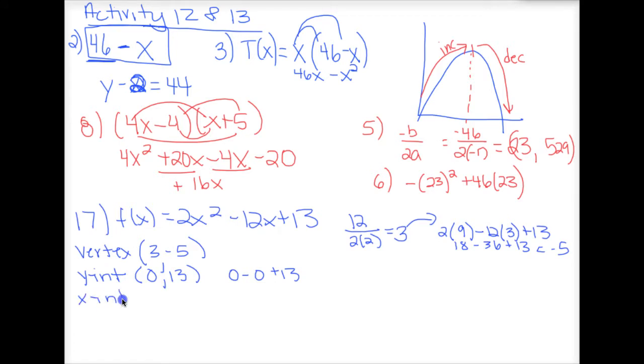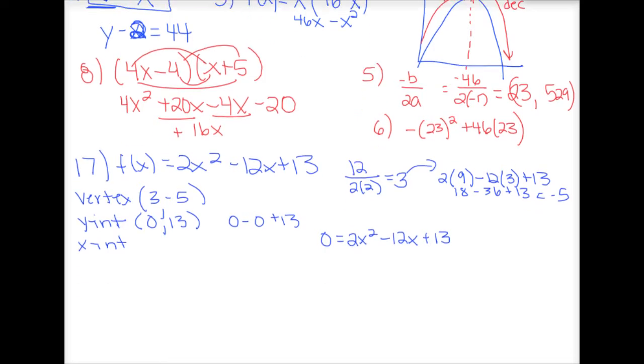X-intercepts are the ones that require the most work. X-intercepts, remember to find them, you plug in 0 for y, or in this case f of x, and you solve the quadratic. So 0 equals 2x squared minus 12x plus 13. So again, typically I would try to factor this.